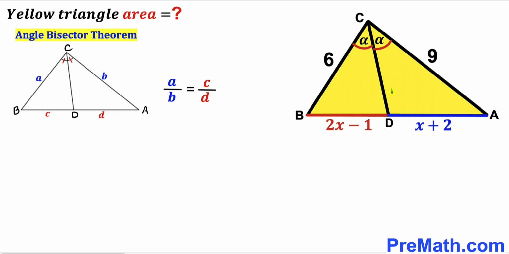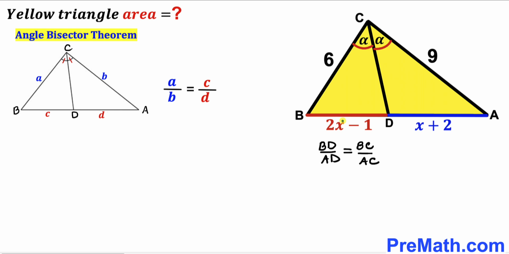CD being the angle bisector, the ratio of BD and AD is going to be equal to the ratio of the two side lengths BC and AC. Let me write down BC divided by AC.